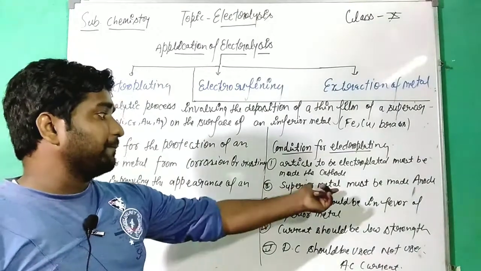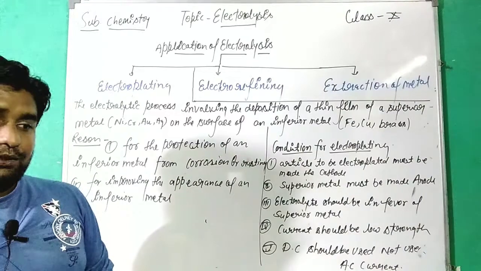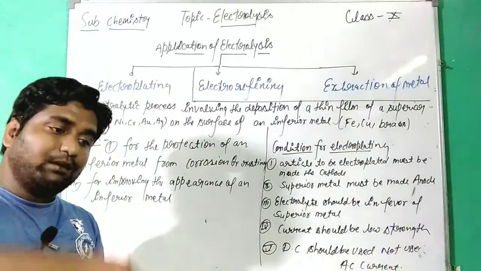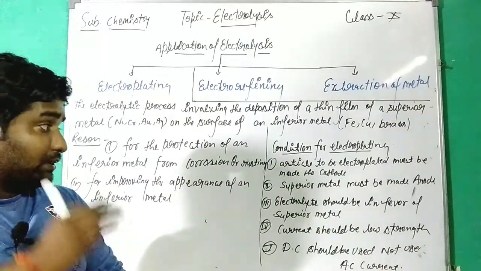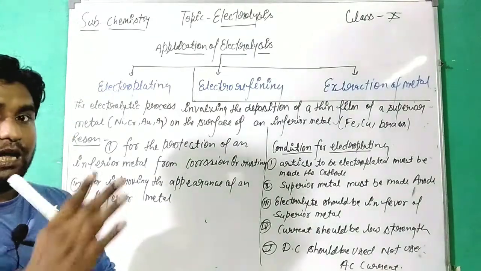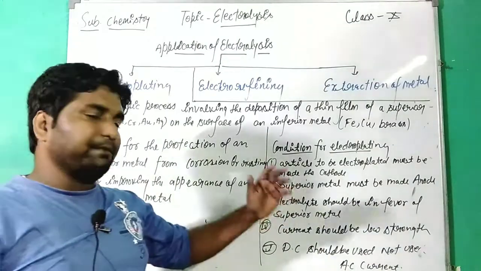Second, the superior metal must be made the anode. The metal which is coated on the inferior metal, known as the superior metal, should be at the anode.